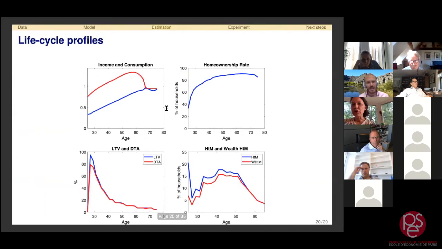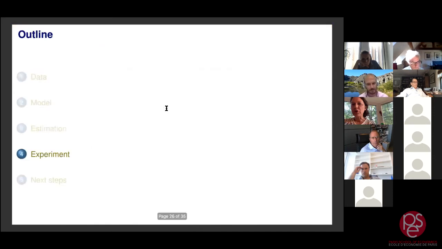So given the estimated model, which is properly, at least locally, identified, what we do now is carry out some experiments. I'm not going to show you as many results as I would have liked to today, in particular regarding the role of the nonlinear income dynamics, which arguably could be one of the most important ones.